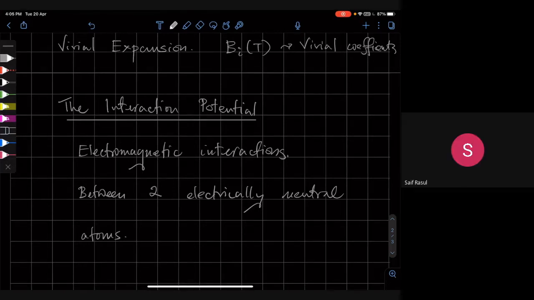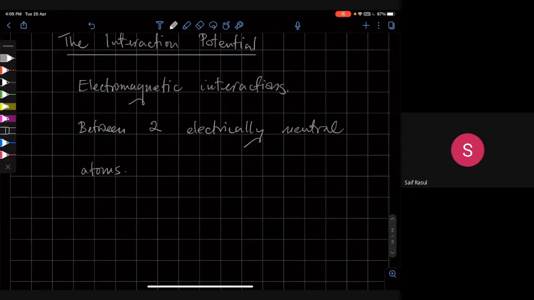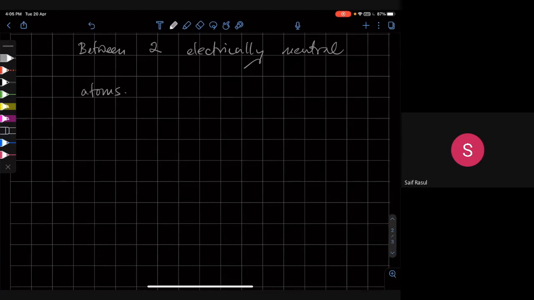Sometimes they can have temporary dipoles because of the aligning of electrons and stuff. Right. That's what I learned in chemistry. Yeah, exactly. The chemistry told you right. So essentially, what is the atom like? An atom has some positive nucleus.